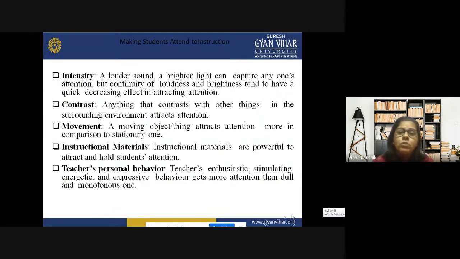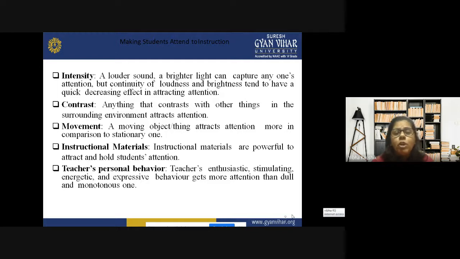Intensity: a louder sound, a brighter light can capture anyone's attention, meaning the way we are presenting the information. But continuity of loudness, if the teacher is speaking loudly, and brightness tend to have a quickly decreasing effect in attracting attention. Contrast: anything that contrasts with other things in the surrounding environment attracts attention.